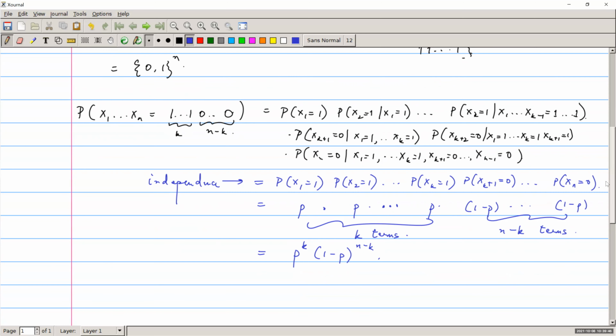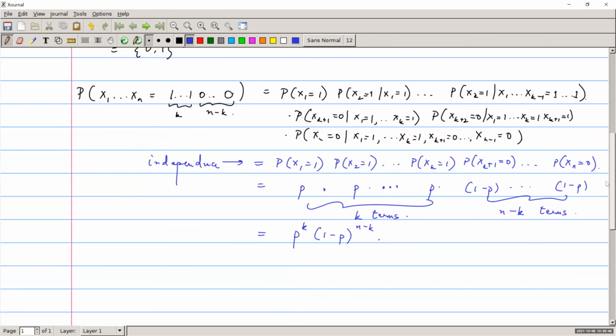And this is still material from last class. We also constructed a new random variable y, which is the summation of x1 through xn.